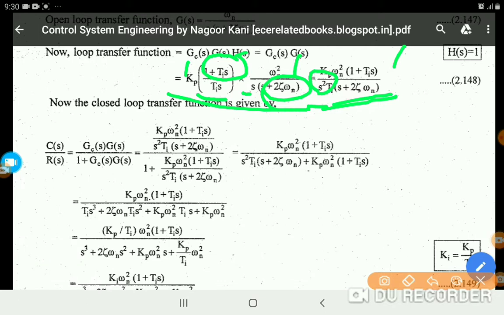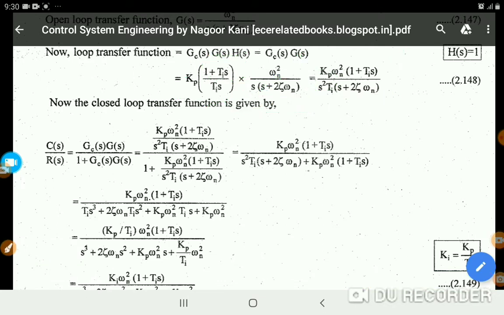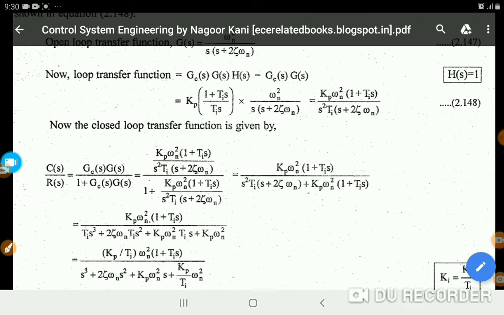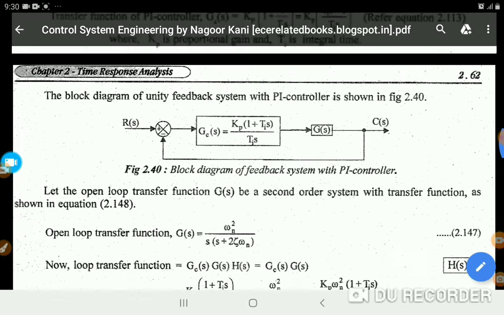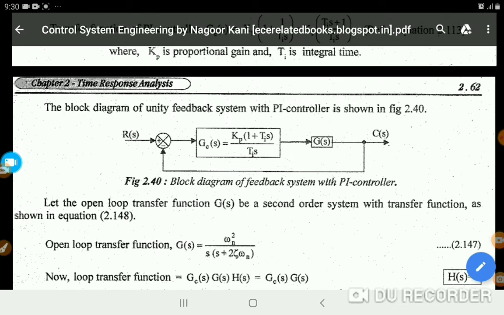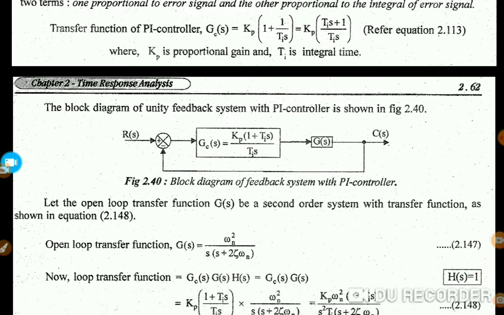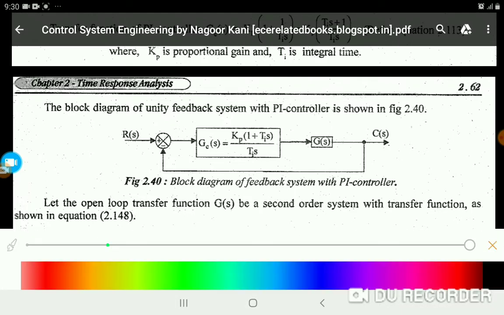Now it's an open loop transfer function of this block. Just what we did here before. As per block diagram reduction, it's one block gain, it's one block gain. Both the gains are cascaded. If cascaded, gains are multiplied.